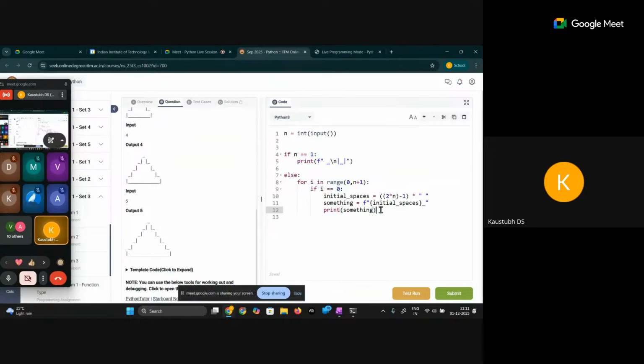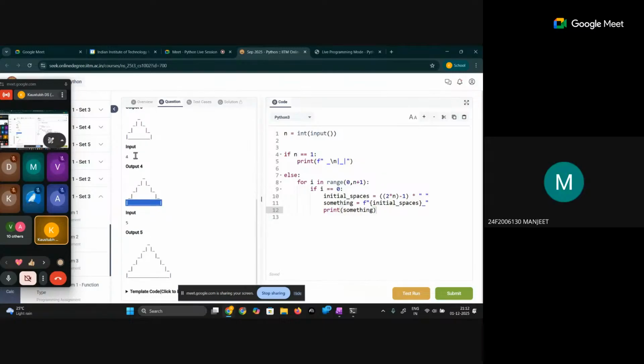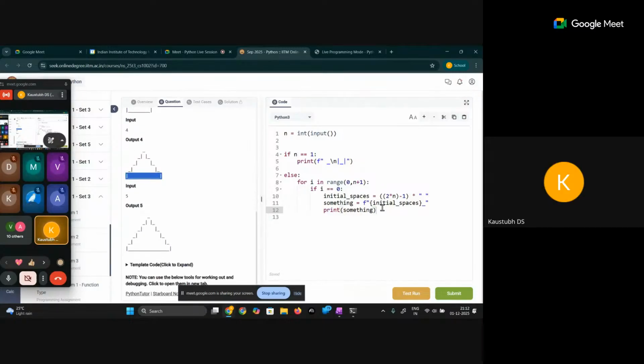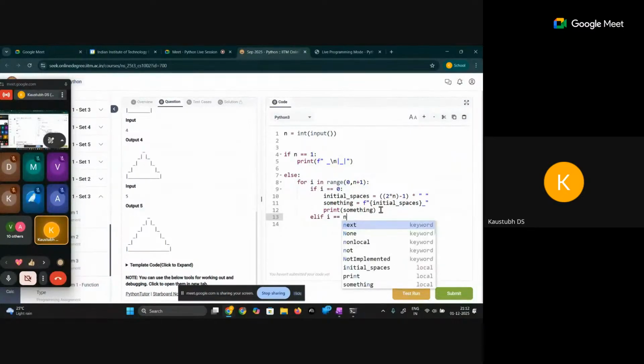When i is equal to n in the loop, we are trying to print a final line. So I'll make my condition here: elif i double equals n. Then we'll print our final line.